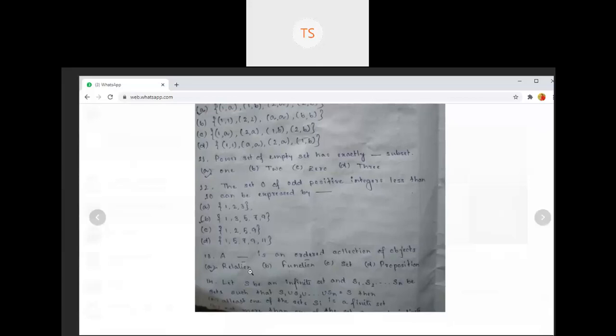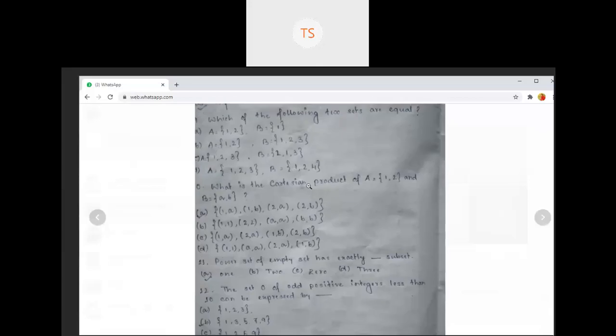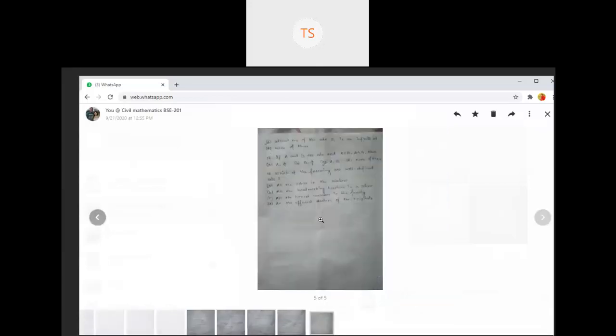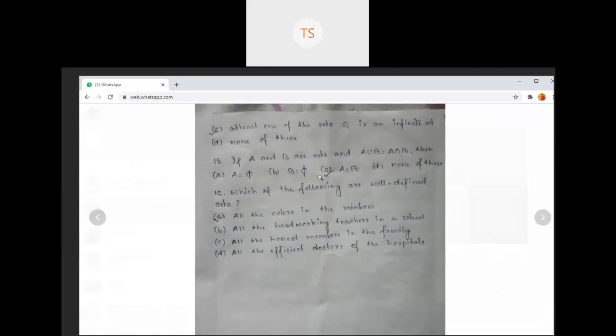First one is at least one of the sets Si is a finite set. Not more than one of the sets is a finite set. And the next one is at least one of the sets Si is an infinite set. Which is the correct option?